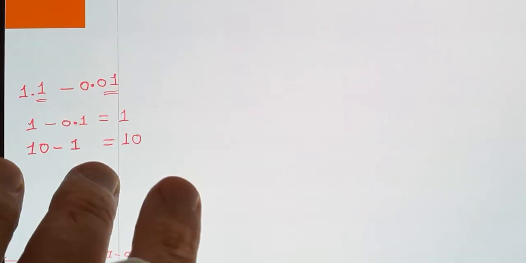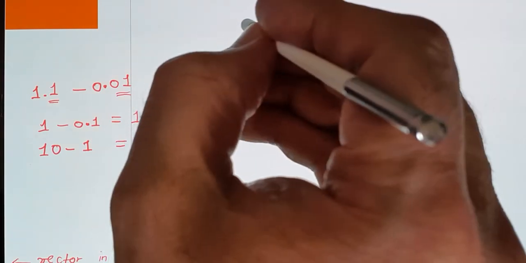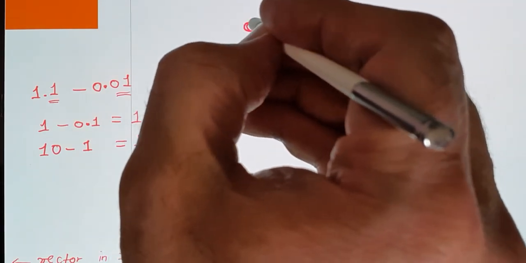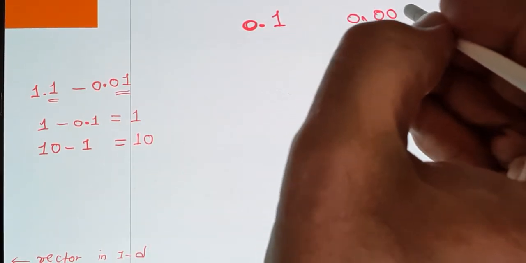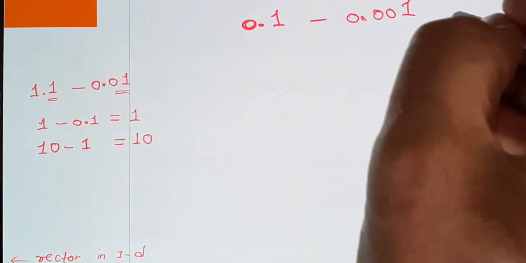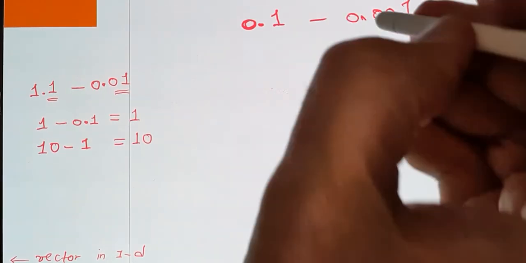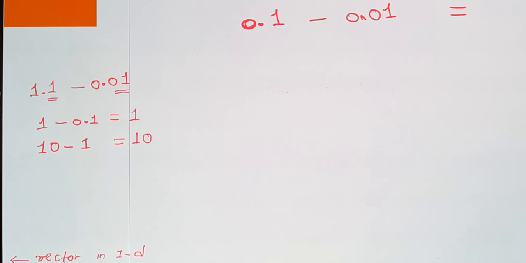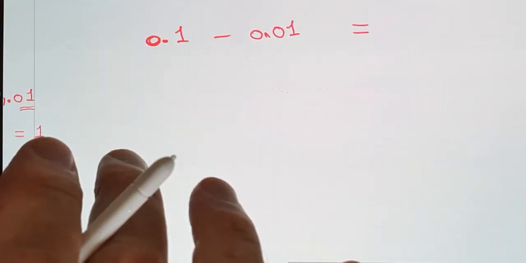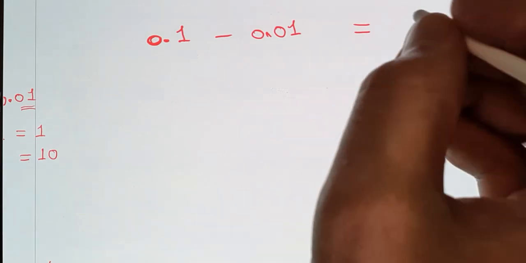Honestly, I don't know. Let's see, what's the result? 0.1? Apply the rule. What's the result? 0.1.